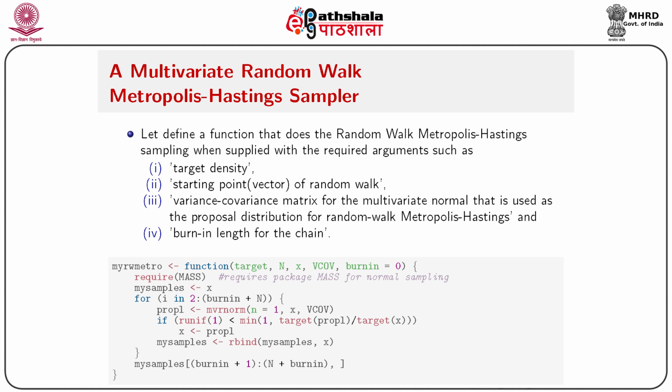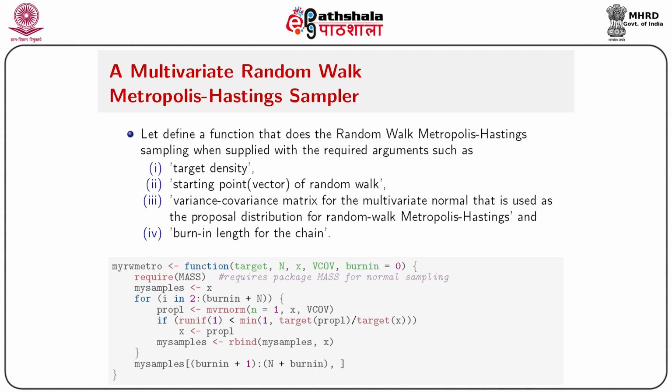So these are the few arguments that we will pass through a function, and then the function will generate a multivariate random walk proposal. Here I'm defining the RW metro function with arguments target, n, x, variance covariance matrix, then burn-in, and by default I'm setting 0 burn-in, and the required package is MASS.